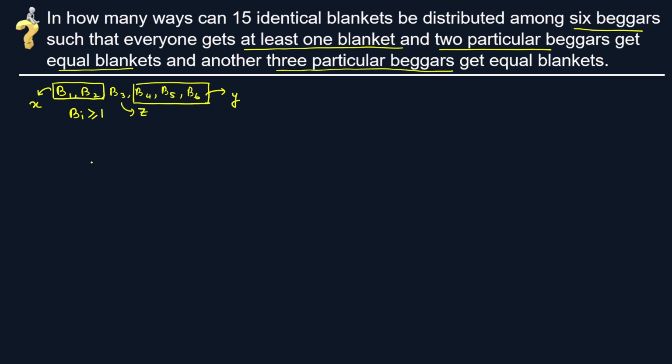So, according to the question, we have 2X plus 3Y plus Z equals 15, in which X, Y, Z are all greater than or equal to 1, because they are going to receive at least one blanket. So, how to solve this?